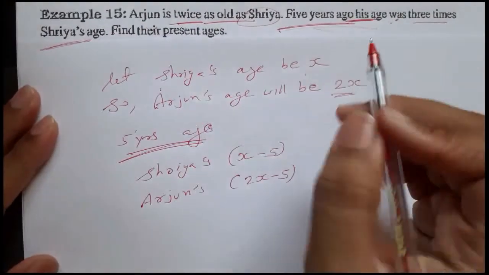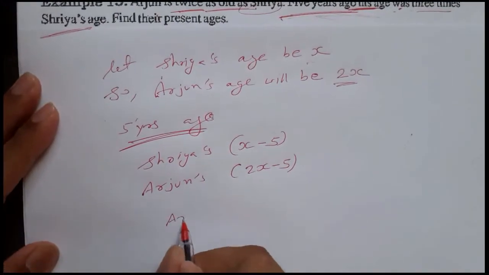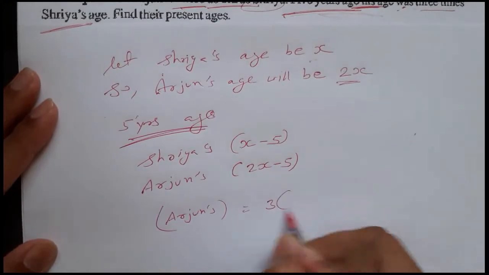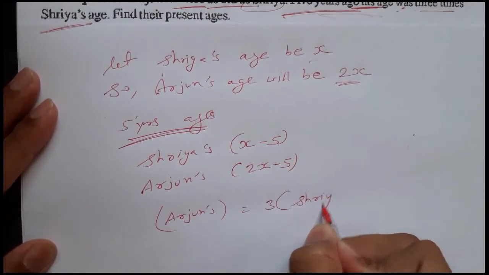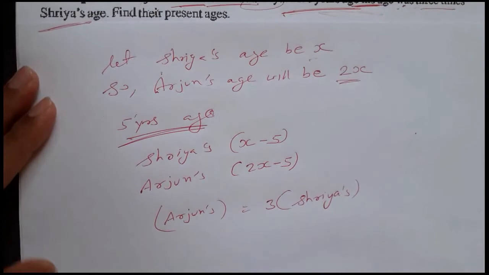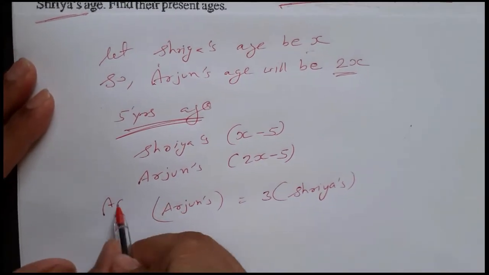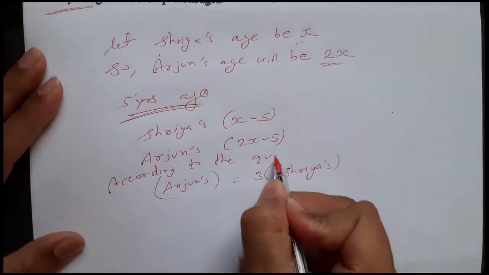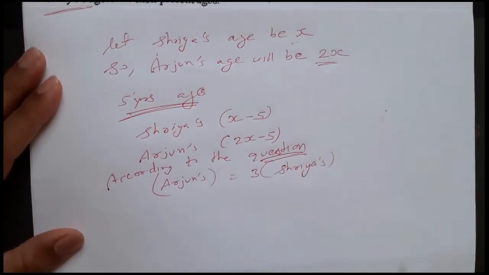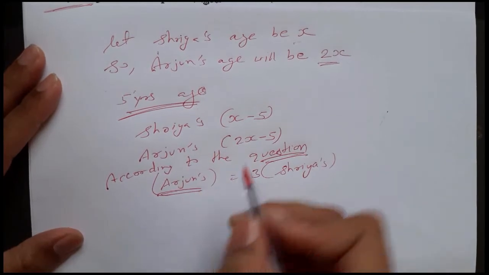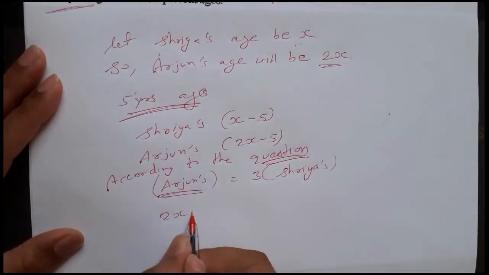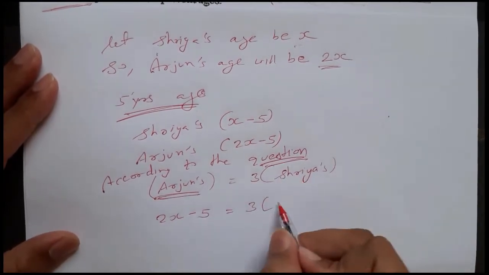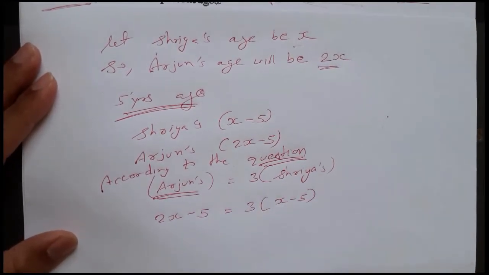His age, it means Arjun's age. So Arjun's age will be 3 times Shreya's age. So now according to the question, Arjun's age we had considered here 2x minus 5, and Shreya's age we had considered x minus 5.